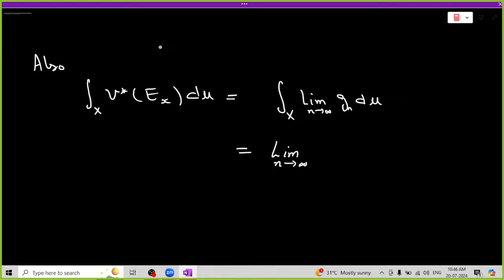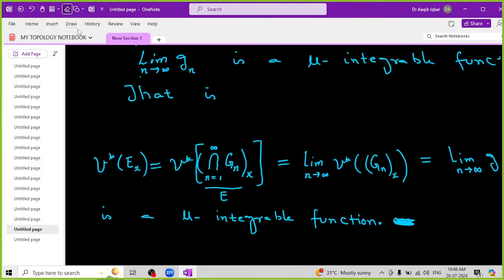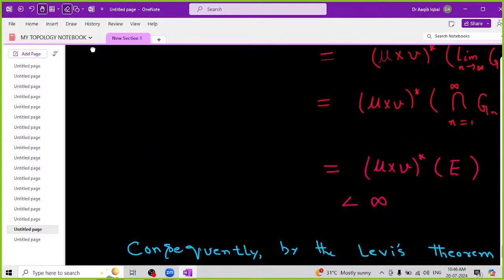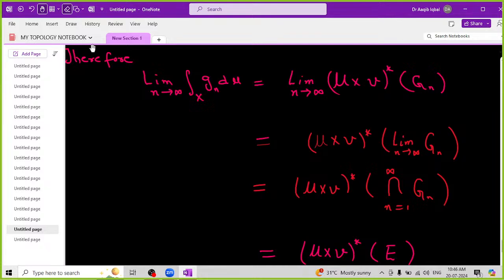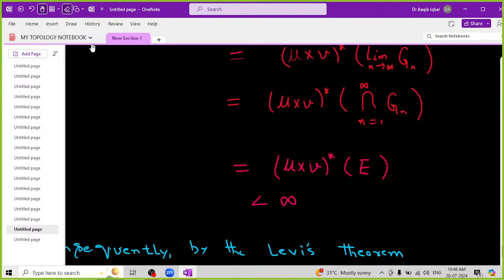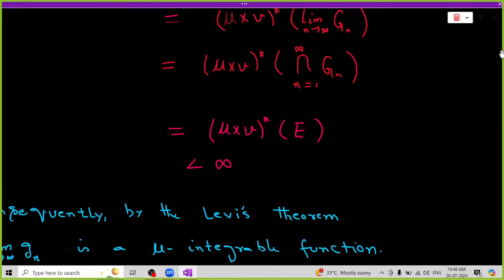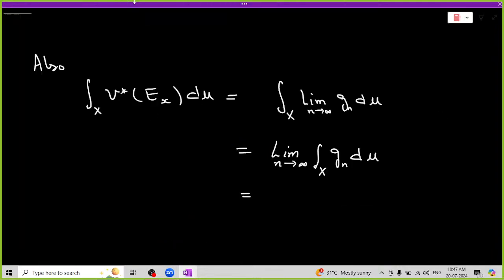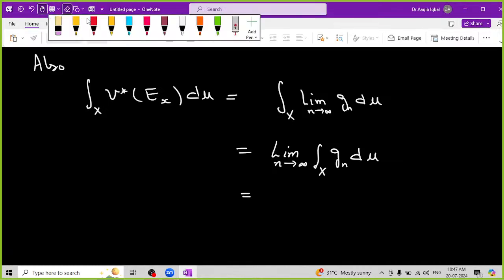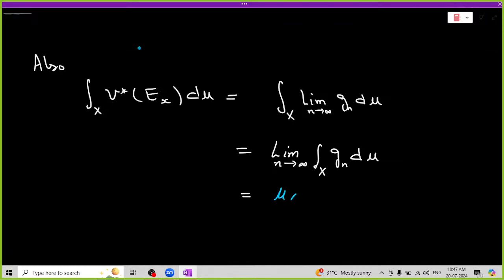So this is limit n goes to infinity integral over x gn d mu, और ये लिमिट हमने ऑलरेडी एवेलुएट करी है. हमें दोबारा ये कैलकुलेशन से जाने की जरूरत नहीं है. We know that limit n goes to infinity integral over x gn d mu is eventually equal to mu cross nu star of E. Is equal to mu cross nu star of E.